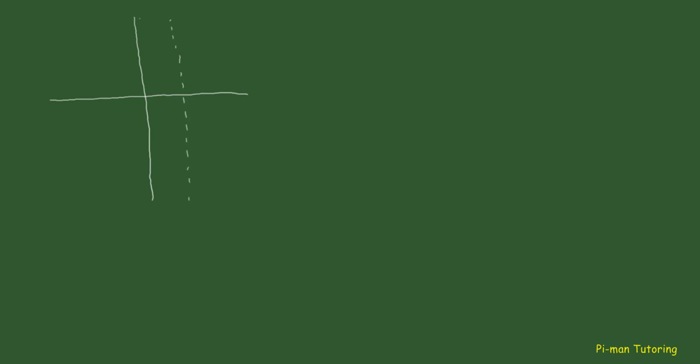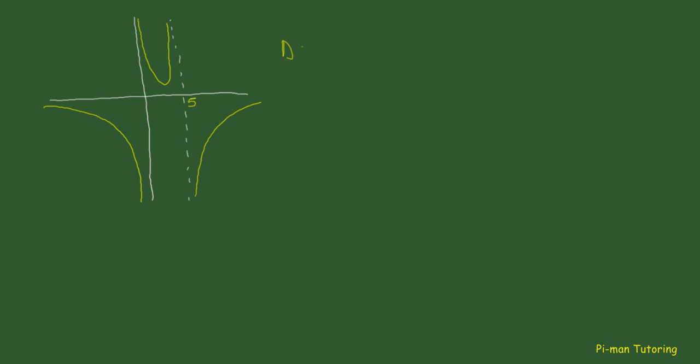Let's suppose we have a function that does something like this, and something like this, something like this. And let's call this 5. So how would we write the domain and range of this particular function?